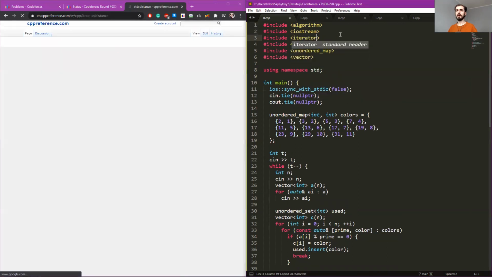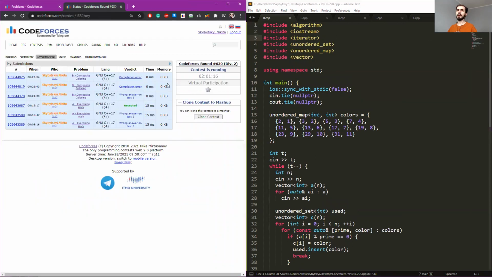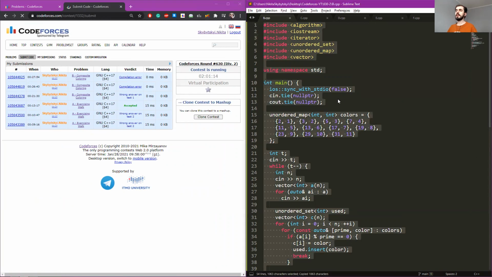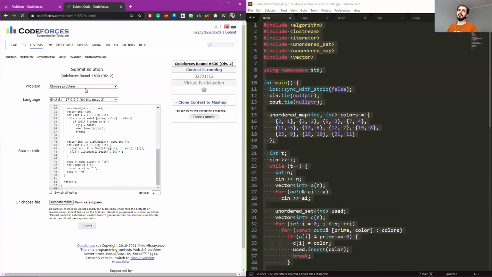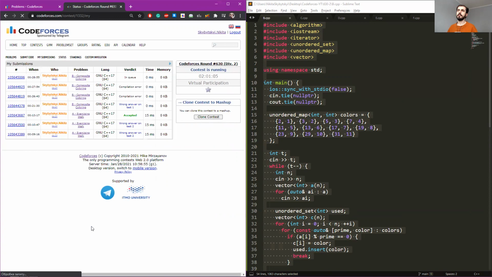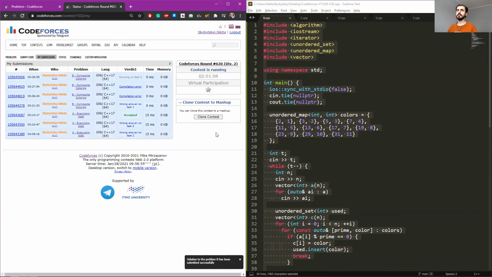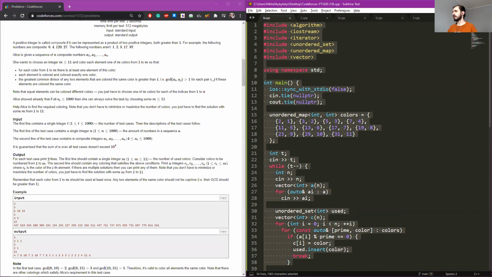Really? Iterator, what the hell? I spent like 30 minutes figuring out the stupid details of these problems, not something that is necessary.